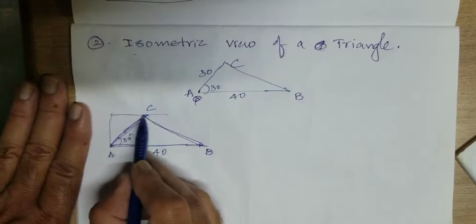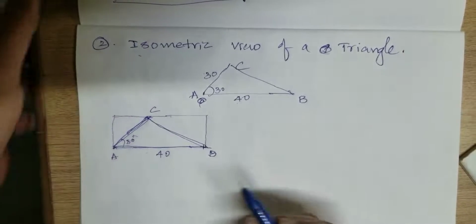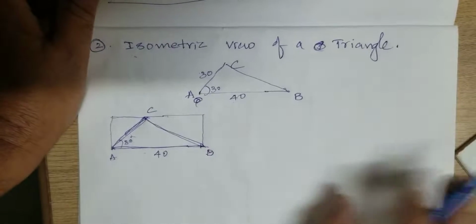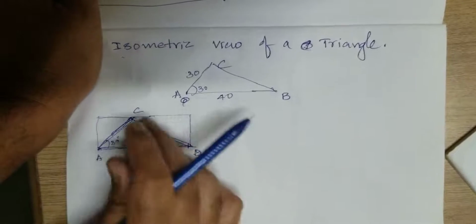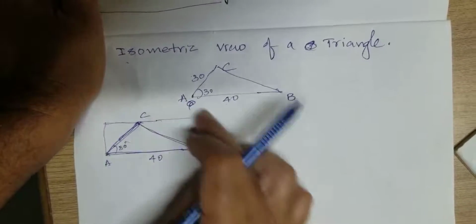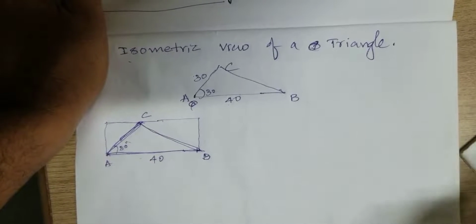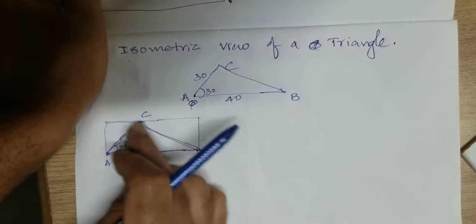It is a rectangle. We have to incorporate it in the maximum possible rectangle most of the time. We are incorporating this triangle in a rectangle. First of all, we have to draw this rectangle in isometric view or drawing. Then we have to focus on this triangle.